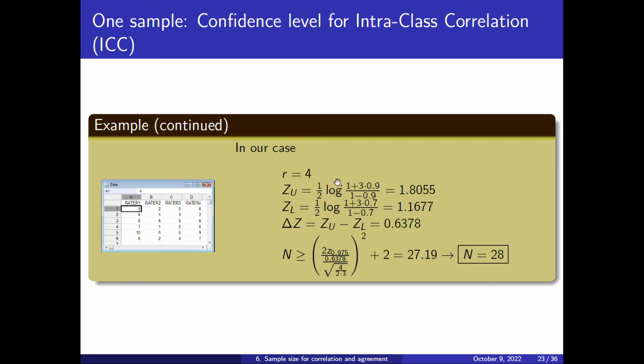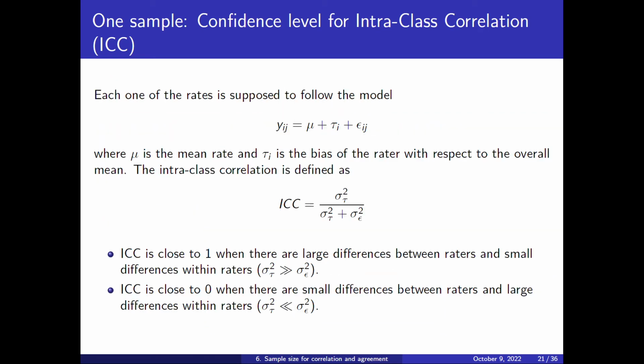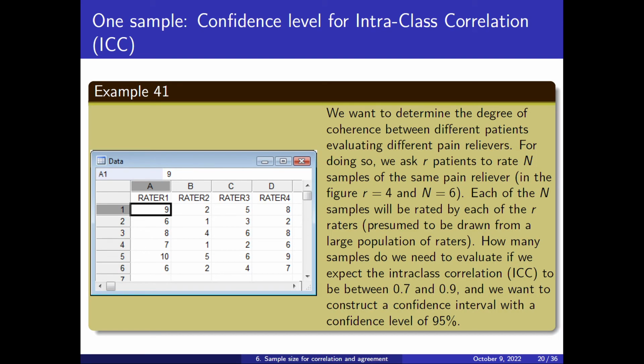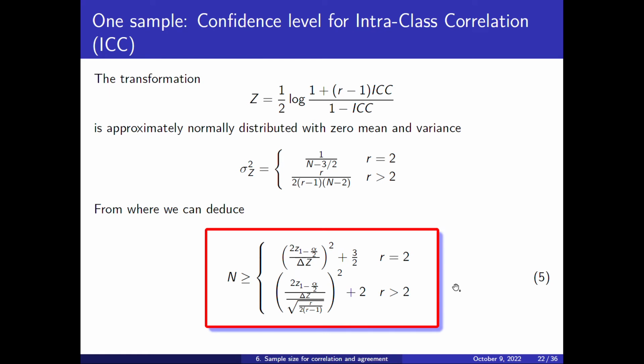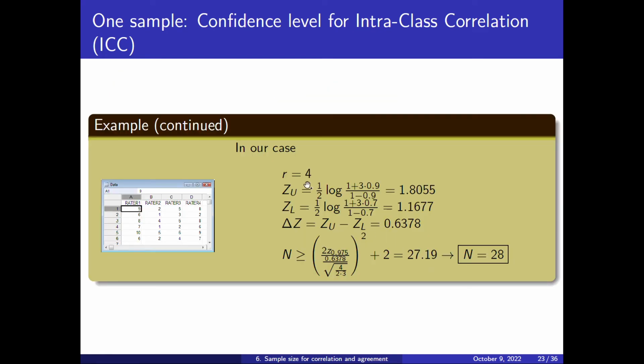Let's say we expect our intra-class correlation to be between 0.7 and 0.9. We compute the upper bound of z, the lower bound of z, and the difference between the two, and we simply substitute, and we see that we will need about 28 individuals.